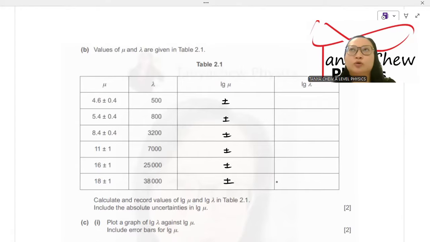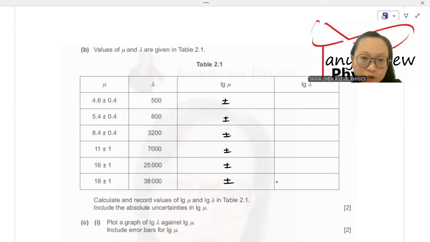To find the absolute uncertainty of log mu, I am going to follow whatever you have learned in AS. In the second chapter, you learn that the absolute uncertainty must be denoted in one significant figure. So I'm going to put one significant figure for the absolute uncertainties in log mu.